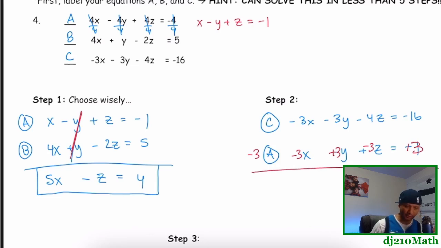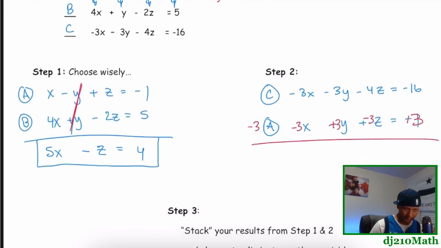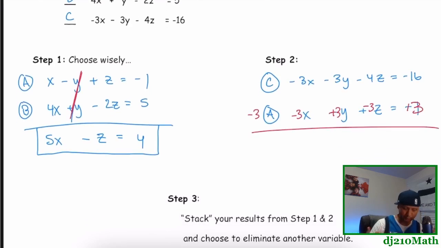All right, so we just kind of cheated a little bit and just wrote over it as opposed to rewriting. So now when we add this together, we're going to get -3 plus -3 is -6. Y's are going to cancel. That's what we wanted to happen. And then -4 minus 3, so -7z is equal to, what is this? -13.